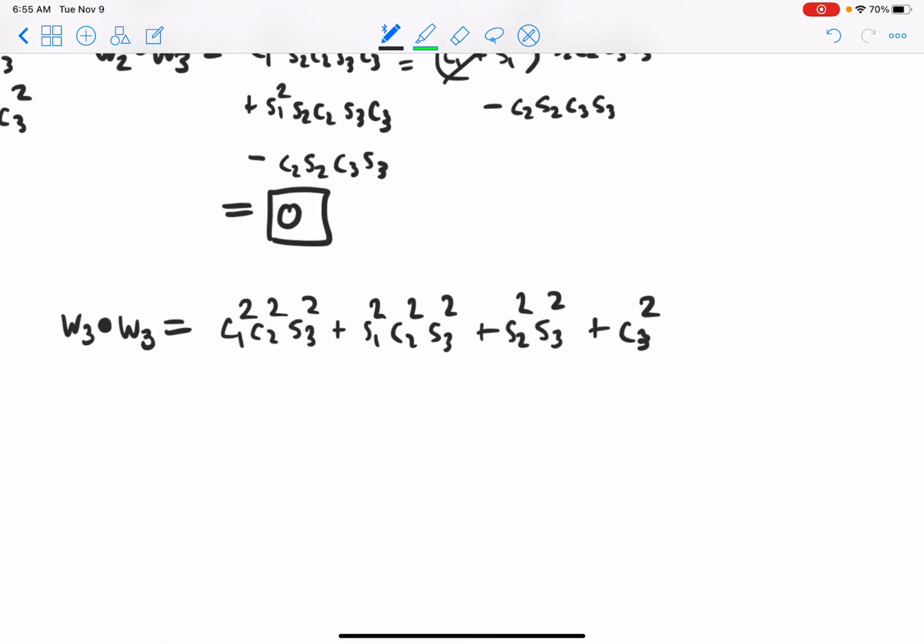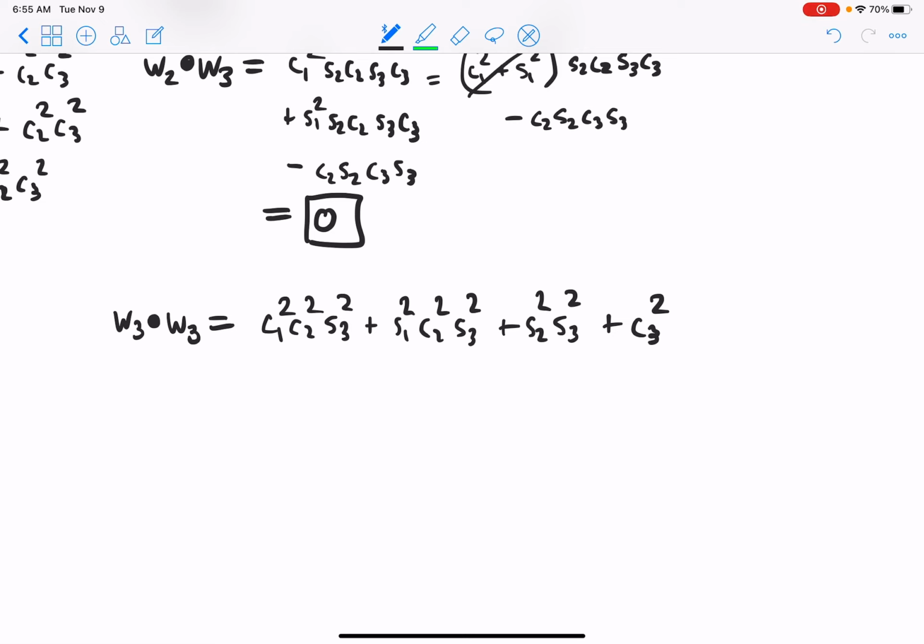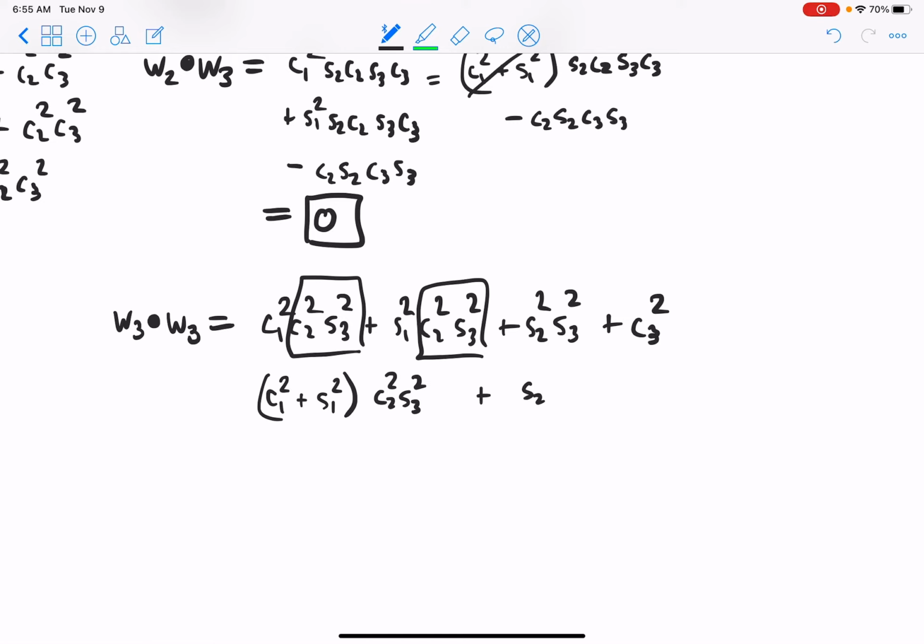Okay, now let's look at here. Let's factor out the C2 S3 piece from both, and we get a C1 squared plus S1 squared times this piece, we pulled it out, and copy the rest.